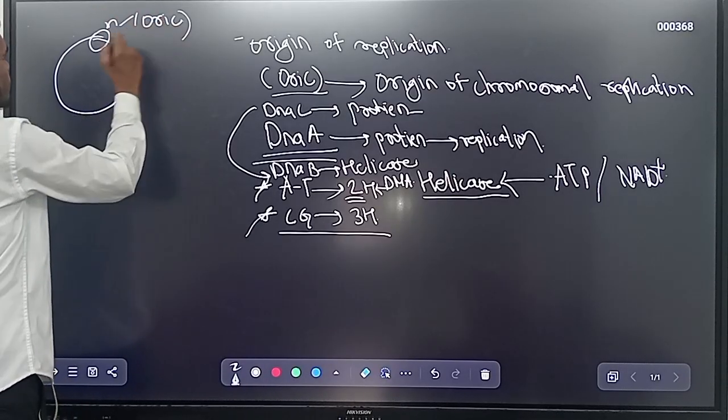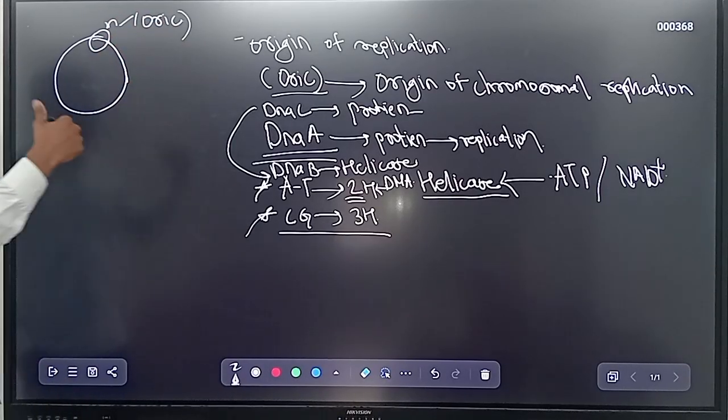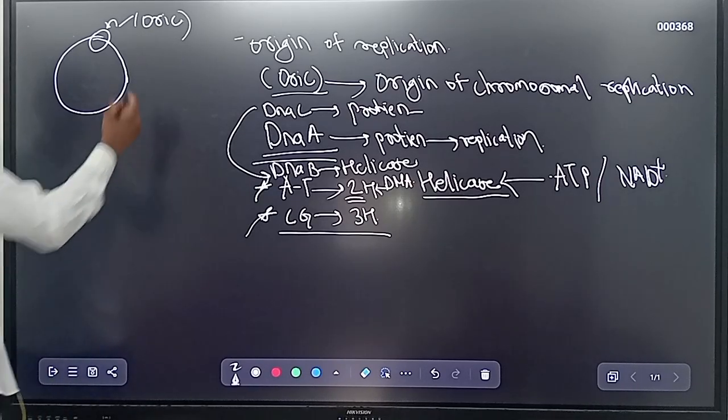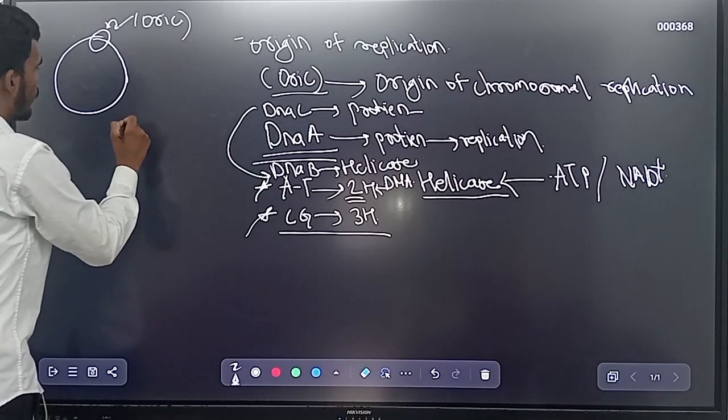So why bidirectional? Remember that there is nothing but an origin of replication. This is the origin of replication.